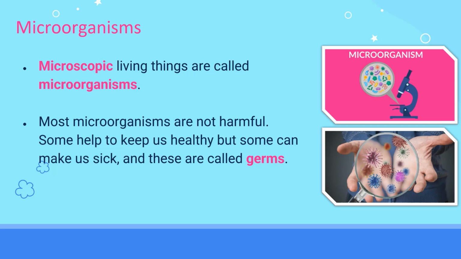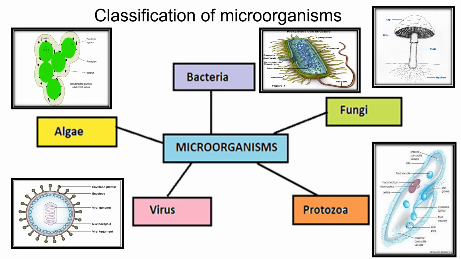Most microorganisms are harmless, and some help to keep us healthy, but some can make us sick, and these are called germs. Now, classification of microorganisms. Microorganisms are classified into 5 groups: bacteria, fungi, protozoa, virus, and algae.